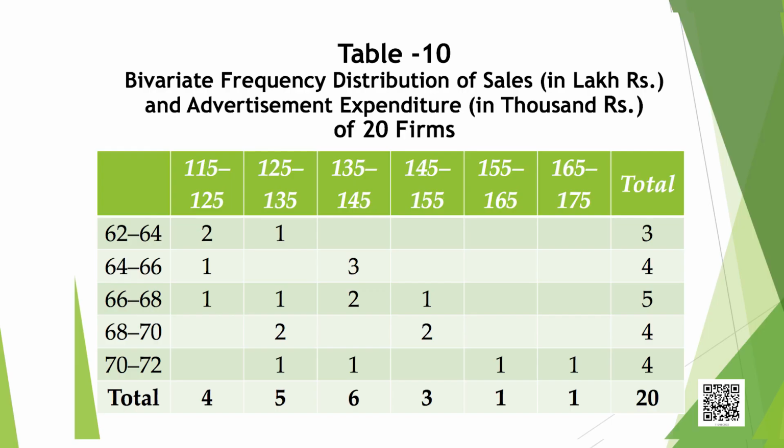Now, we will discuss the bivariate frequency distribution. Very often, when we take a sample from a population, we collect more than one type of information from each element of the sample. For example, suppose we have taken a sample of 20 companies from a list of companies based in a city.